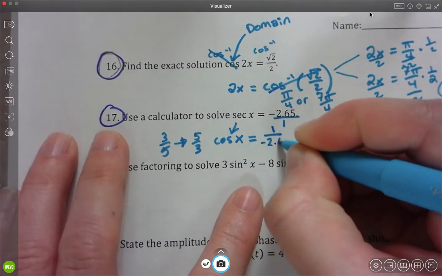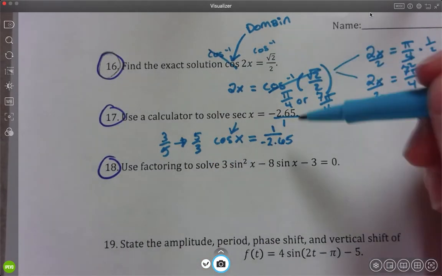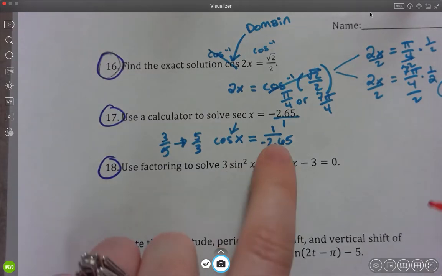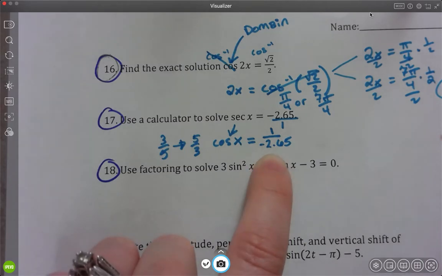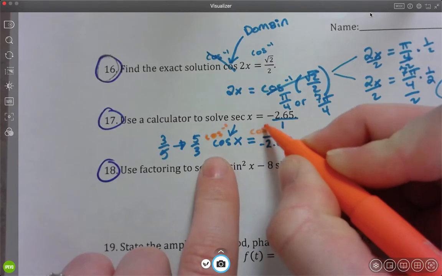Cosine is just the flip of what secant is. So now, if I have cosine of x equals 1 over negative 2.65, I'm just going to take inverse cosine of that, and now I can find an answer.